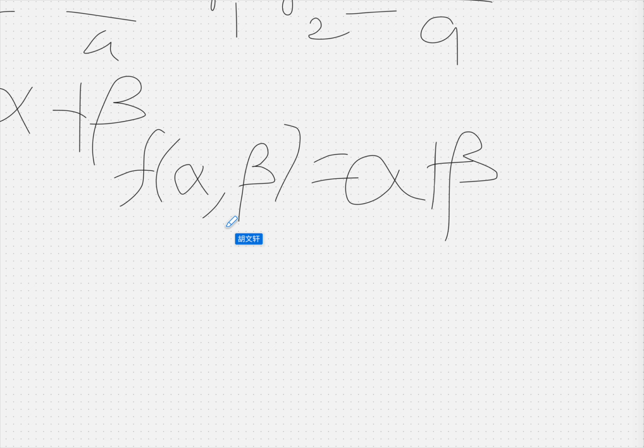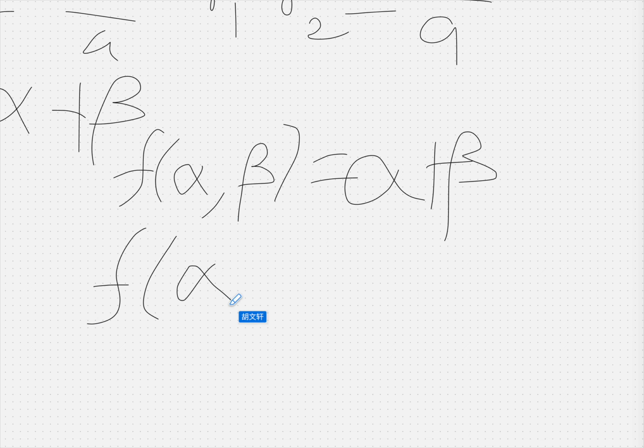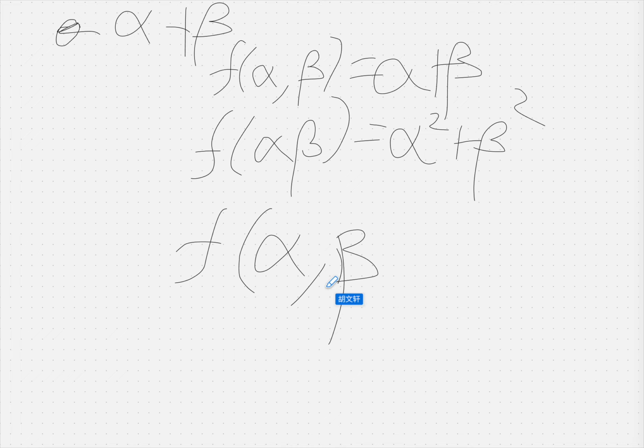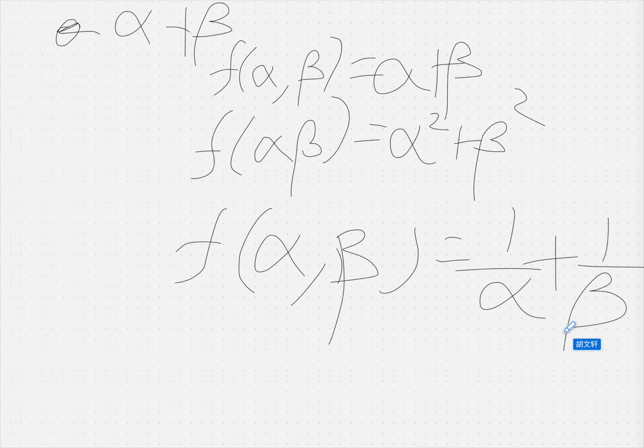And then f(alpha, beta) = alpha^2 + beta^2, and f(alpha, beta) = 1/alpha + 1/beta. These are called symmetric functions of the roots because when you interchange the roots, the result remains the same. Essentially just that. Very straightforward.